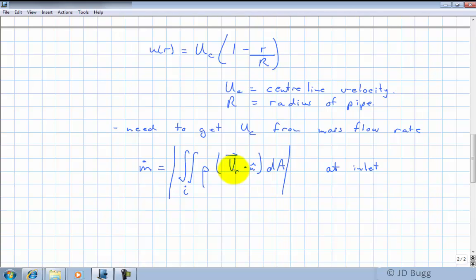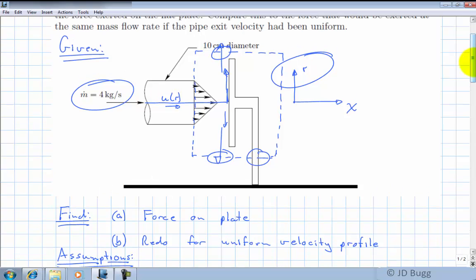Well, what is Vr dot n? Well, we come back to our diagram here. The unit normal at that inlet looks like that. Always projecting out of our control volume and into the surroundings, perpendicular to the control surface. Well, this velocity that I've been solving for is in the negative i direction.